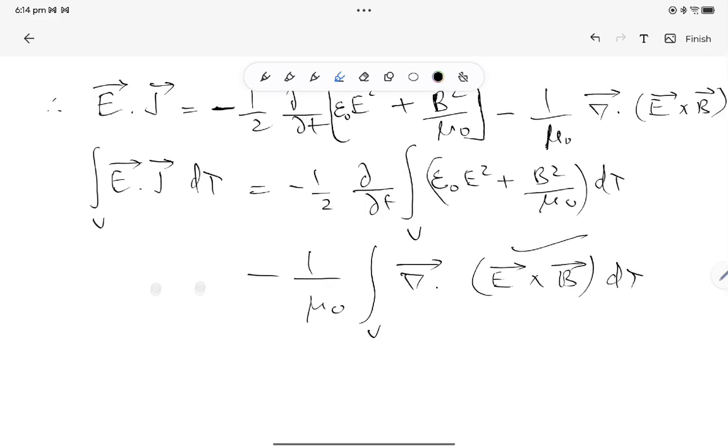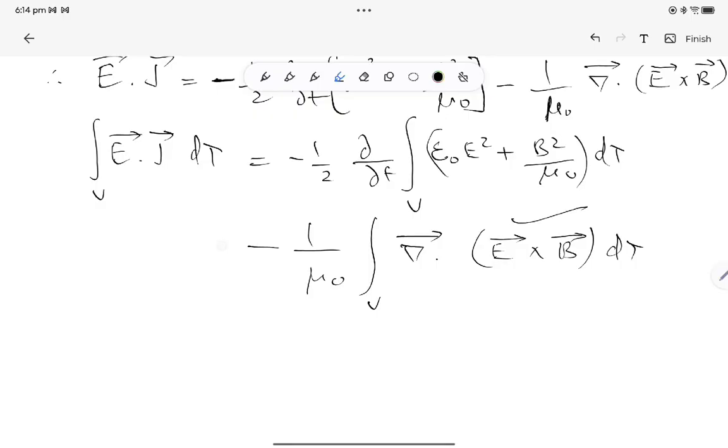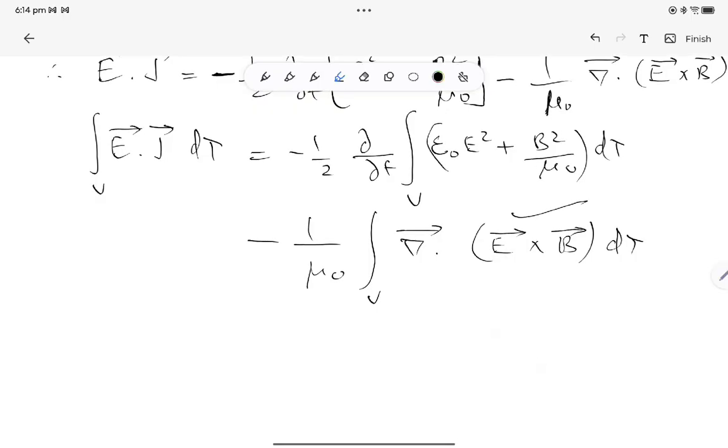So we will be having this. First of all, let us consider E cross B as one vector, say vector C. Now this then becomes the volume integral of del dot C d tau, where d tau is the volume element.